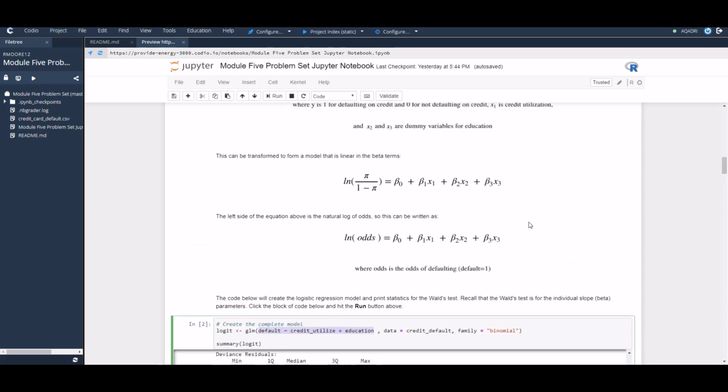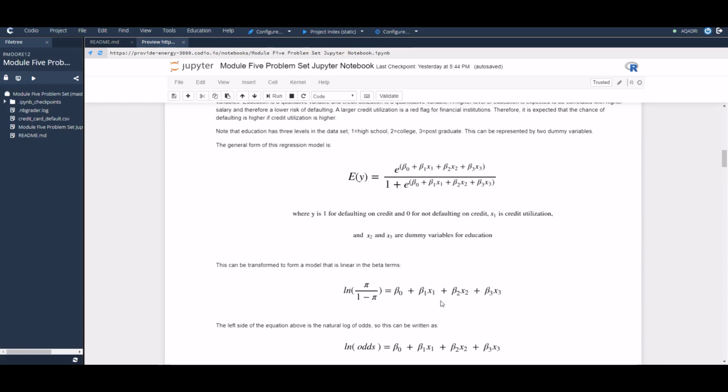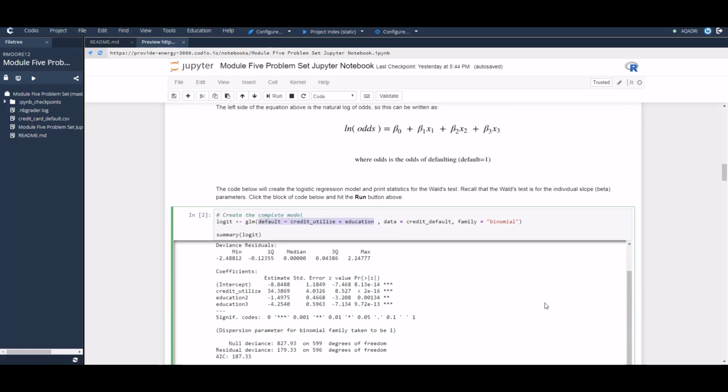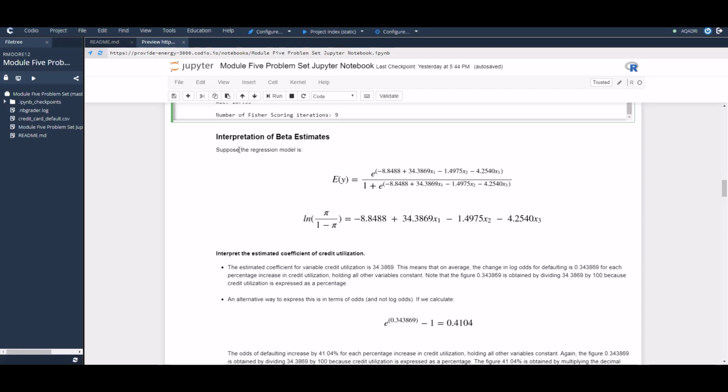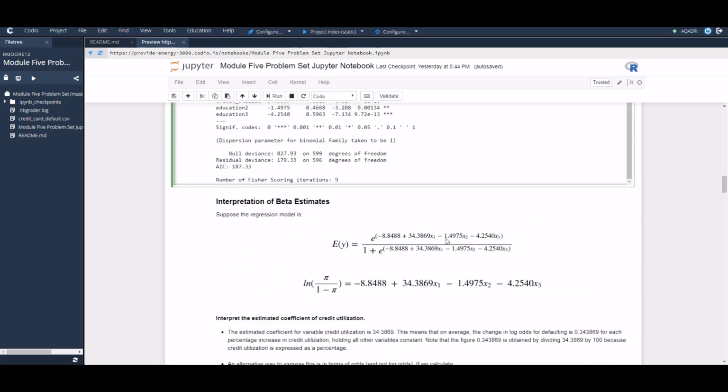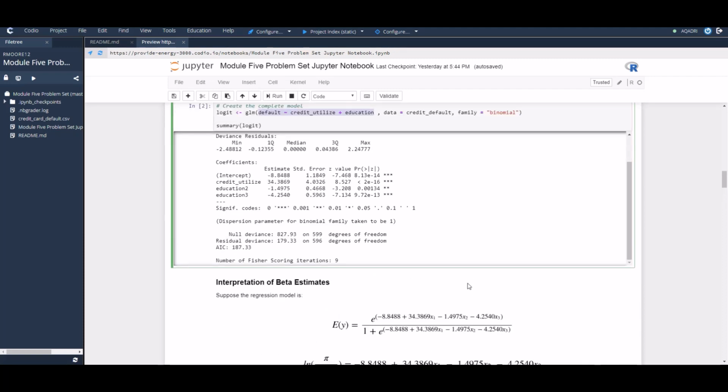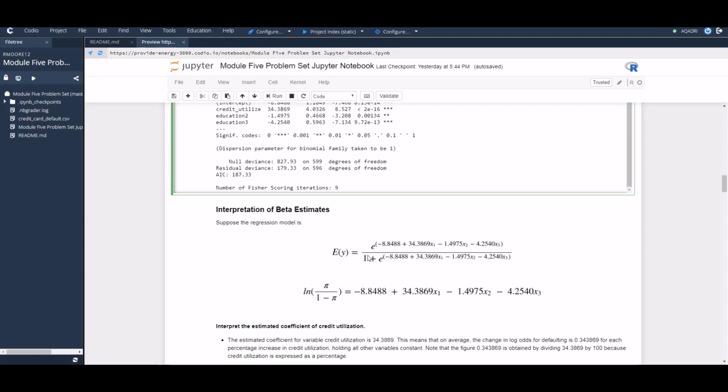We can plug them in either of these equations. I would probably prefer this one, and that is expressed here. So we will take these estimates and plug them in here. This is the standard form of the logistic regression model. And then this is the form of the model where it's expressed in natural log of odds.